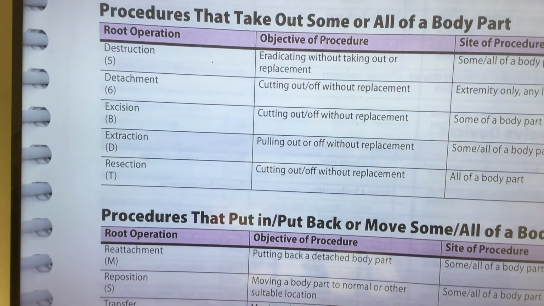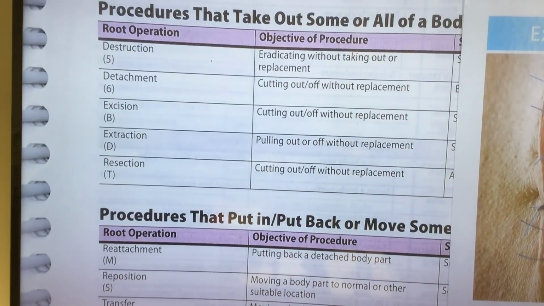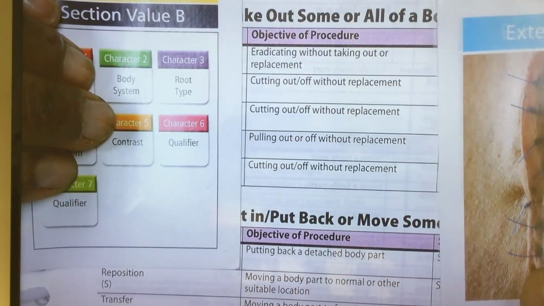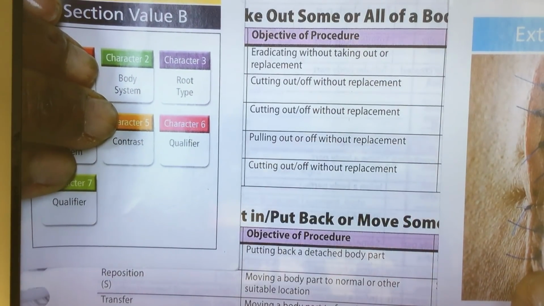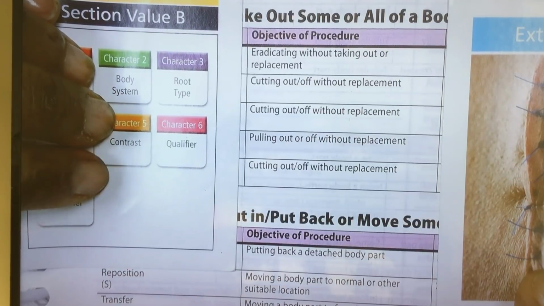So if I were you, I would learn the root operations in groups, and I would notice a trend. Do you notice a word? Let's isolate this here. Do you notice a word that appears in every definition for this grouping? Yeah, if you said replacement, you're absolutely correct. So you know for these five root operations, there is no replacement that is taking place.